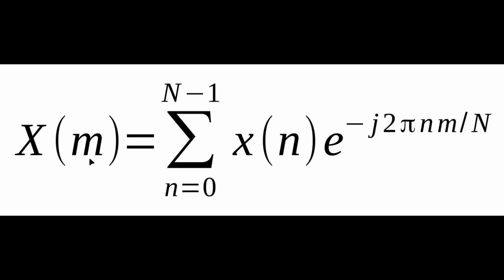So this will represent a value that goes from 0 to N minus 1, just as the value of n does. That's because the FFT will give you output in the same number of points that are in the input. So again, looking at it from the perspective of I'm going to take my signal, that's represented by x of n here, I'm going to multiply it by a cosine and a sine for each value of m.